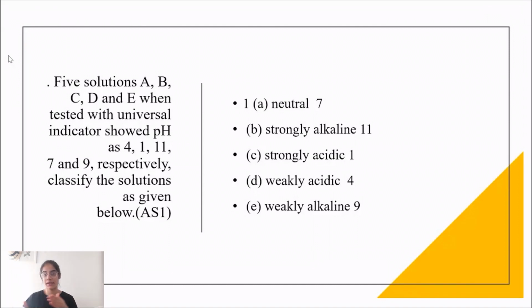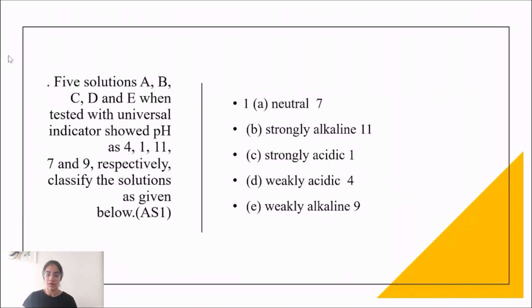If you remember the pH scale, from 0 to 7 we have strongly acidic to weakly acidic. From 7 to 14 we have weakly alkaline to strongly alkaline. The range around 5, 6, 7, 8 is the range of neutral substances.